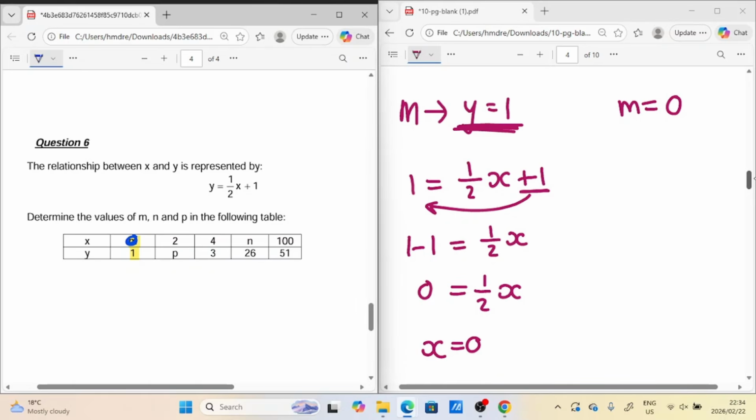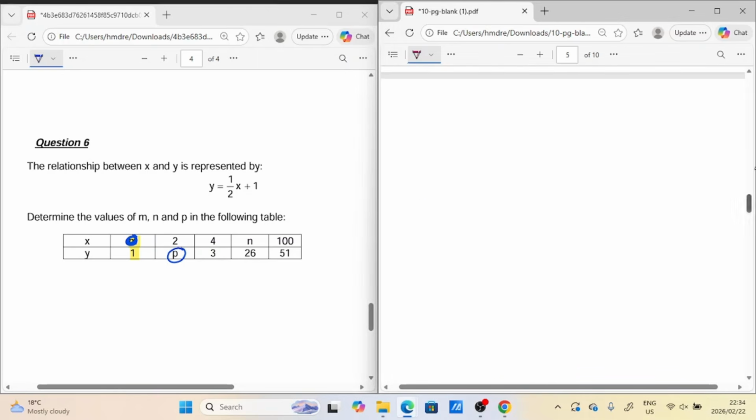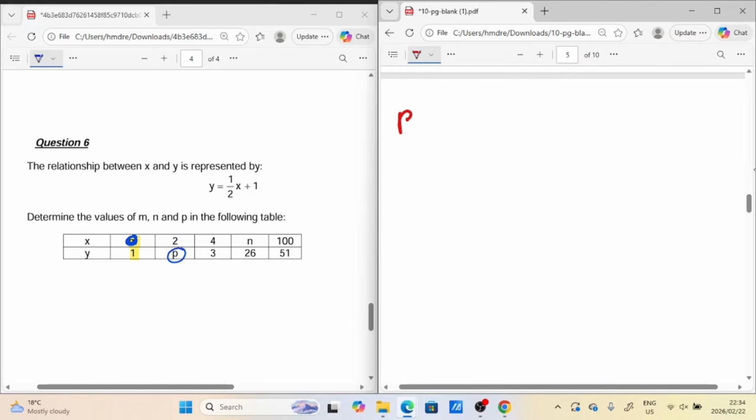Okay, let's see. Next, we've got to work out p. So when x is 2, what is y? Okay, so the value p, we know that x is 2. So y is equal to a half x plus 1. Y is equal to a half.